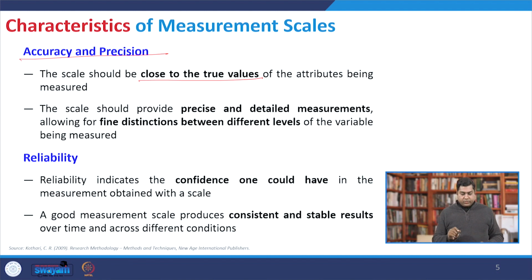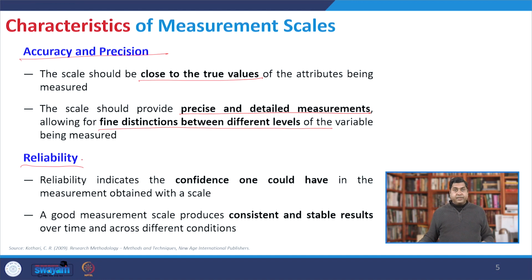The scale should provide precise and detailed measurement, allowing for fine distinction between different levels. If the scale has ambiguity between those numbers or levels, that will create confusion, and you cannot bring out very clear results from it.